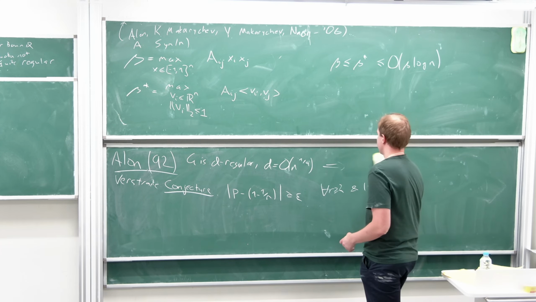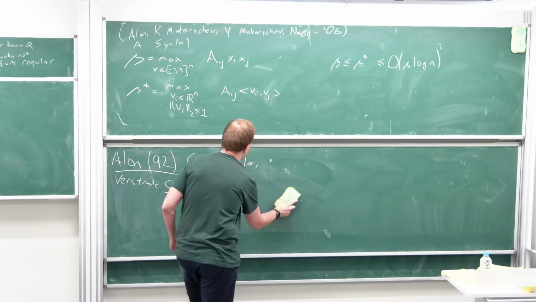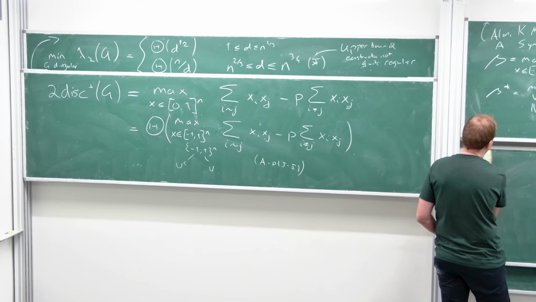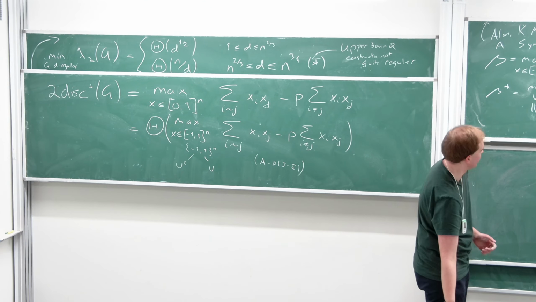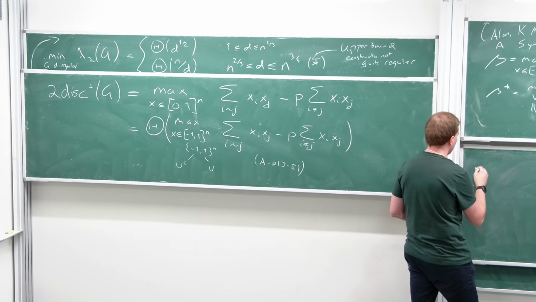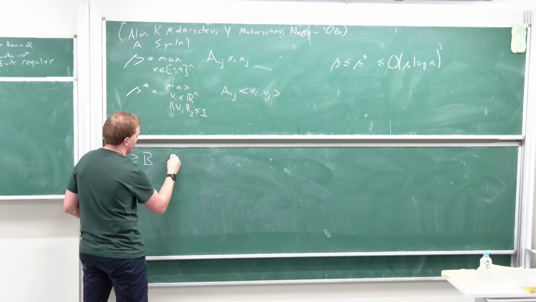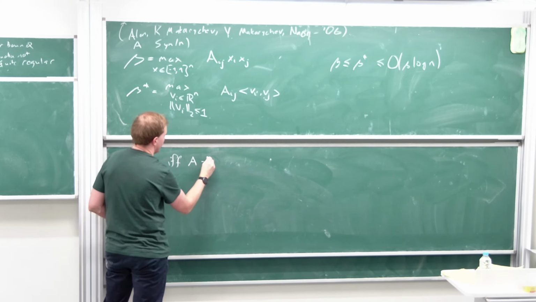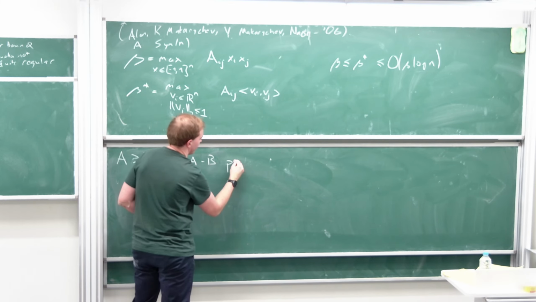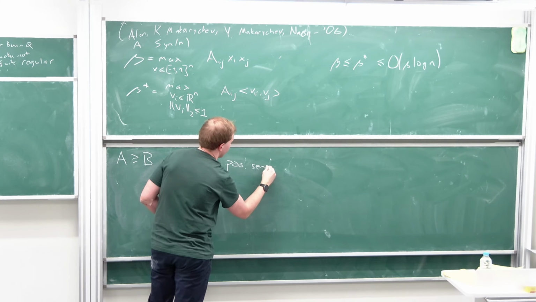So we can now use the semi-definite relaxation to lower bound positive discrepancy. We write for matrices A ≥ B if and only if A minus B is positive semi-definite.